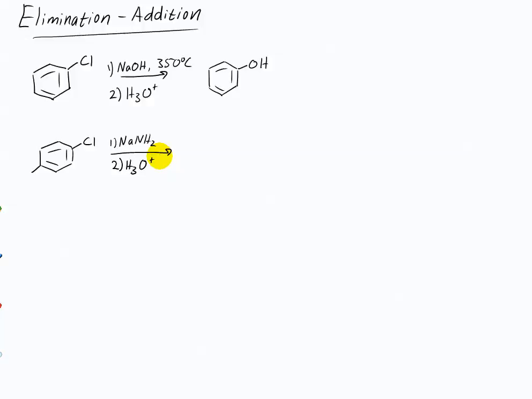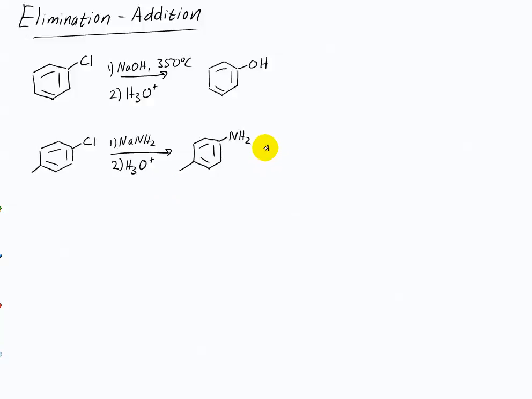So you expect, okay, we have this pretty strong base, we have this leaving group. It's a non-activated ring, but actually we do get the product. The problem is that's not the only product.